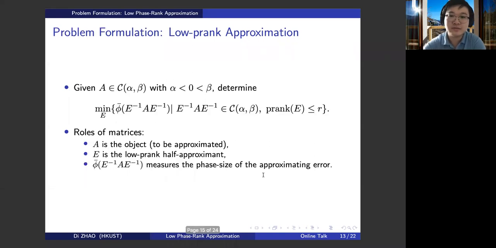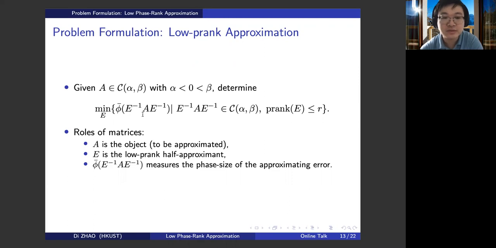Okay, as a motivation, we may first formulate the so-called standard low phase rank approximation in this way. We also have this matrix A as our object, but we assume it to be sectorial in the interval alpha beta. And E is the approximant to this matrix A. And E inverse A E inverse is the approximation error term.